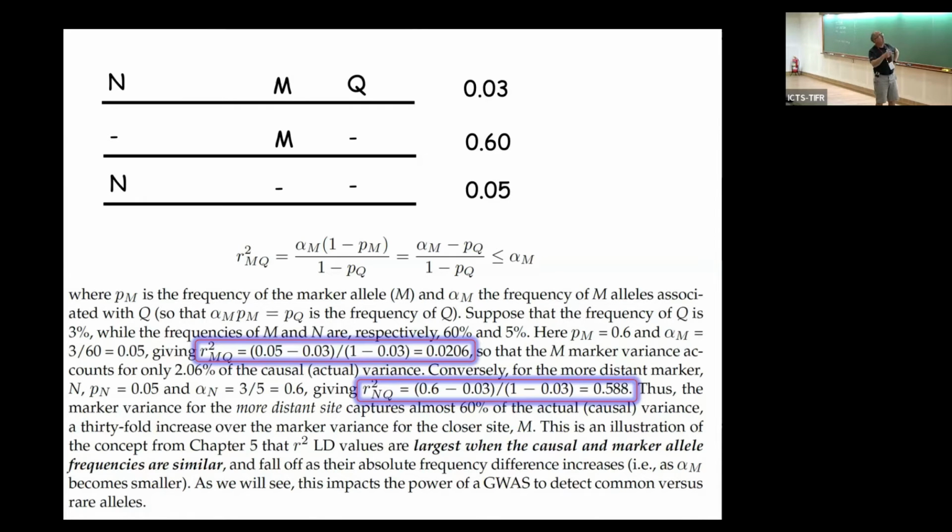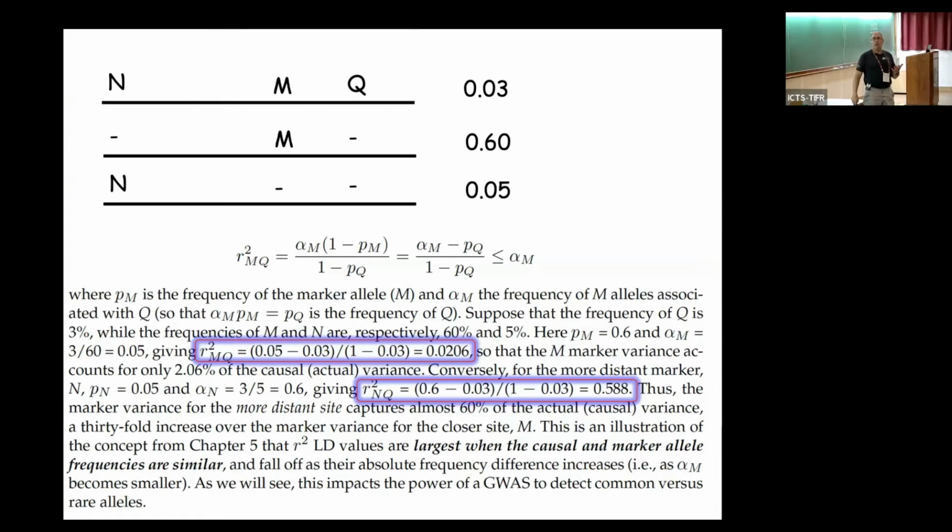N and Q are much closer in how their allele frequencies change or co-occur. If I have a common allele, big M is a common allele, it doesn't capture this rare allele well. Only 2% of the variation from big Q is captured by big M. Conversely, for the rarer marker here, if it's in disequilibrium, it captures more of that signal. This marker that's further apart captures about 60% of the causal variation.